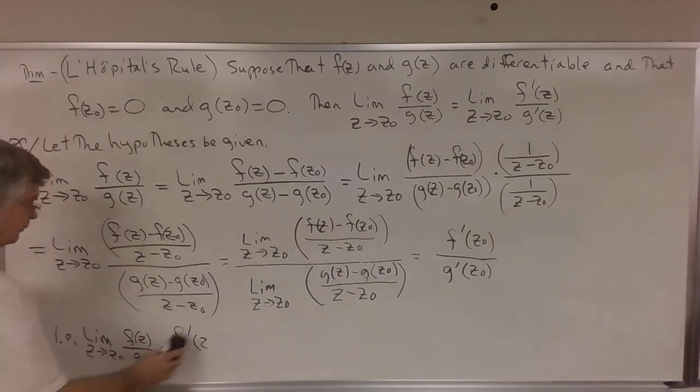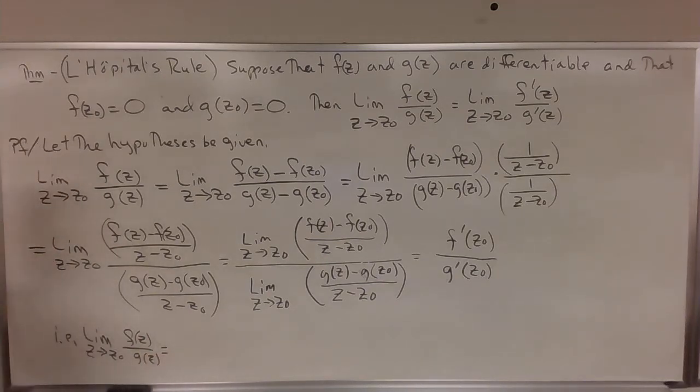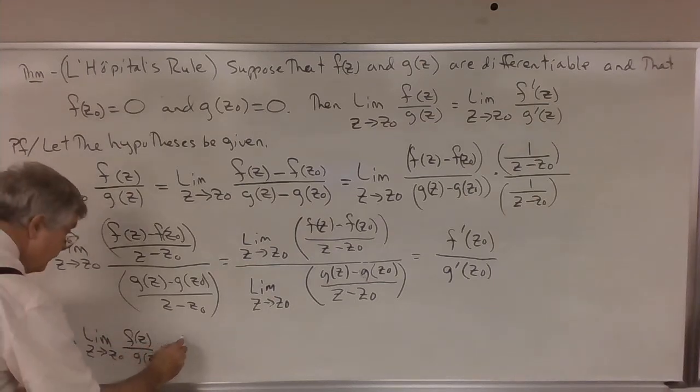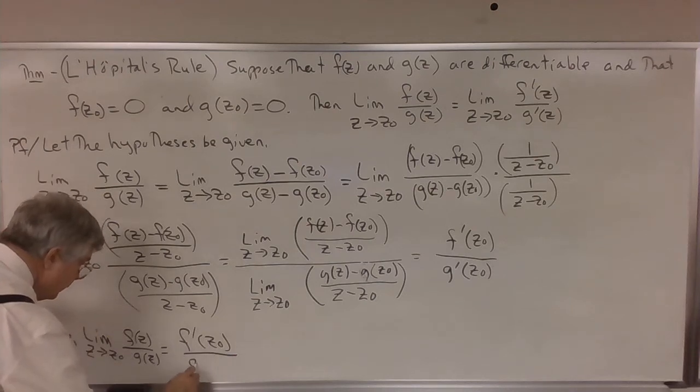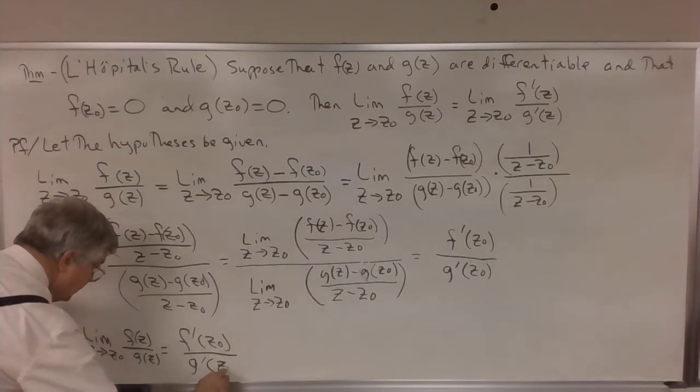Yeah, that's right. The limit is f prime of z naught over g prime of z naught.